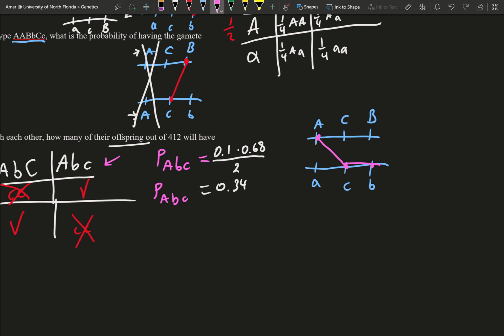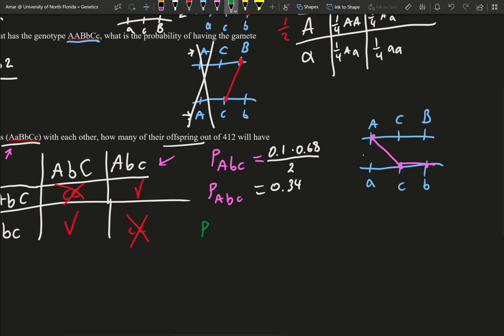And then the other one that we want is the probability of you getting a big A, little b, big C gamete. So that one, on the other hand, we're going to do the same thing. Same thing.